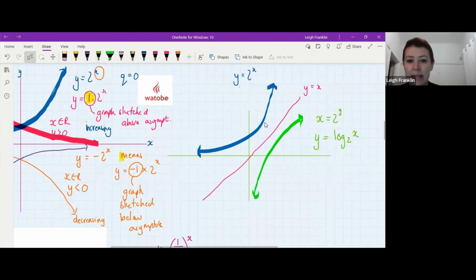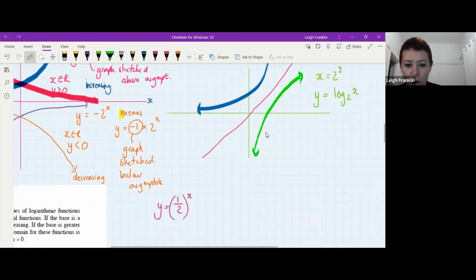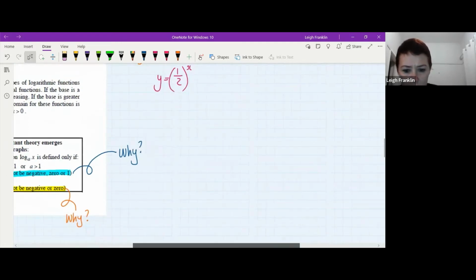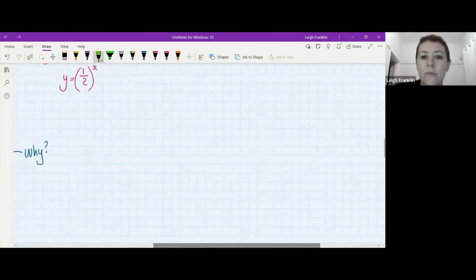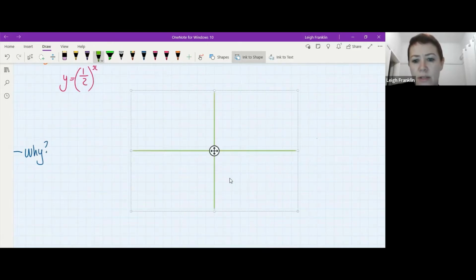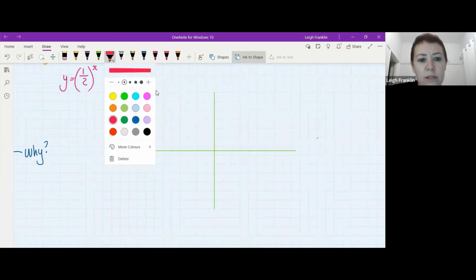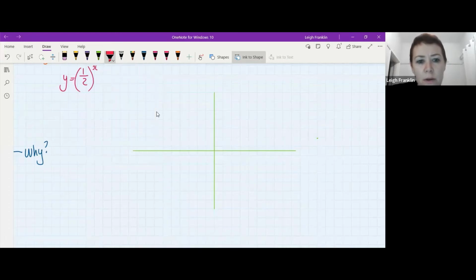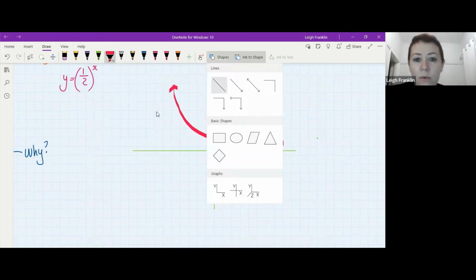And similarly, if I sketch the graph of the pink one, let's just stay here on the right-hand side. There's a set of axes again, and let's draw that decreasing function. That was the one that looked like this. If we now reflect that over the line y equals x.